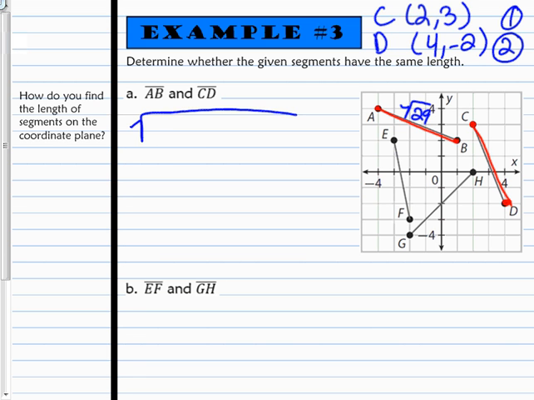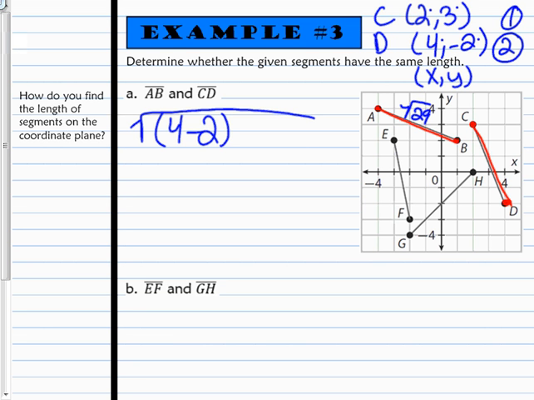So the distance formula, the square root of x2, which is 4, minus x1, which is 2. Hopefully you're seeing where I'm getting this from. In a set of ordered pairs, it's x, comma, y. So 2 and 4 are my x's, and 3 and 2 are my y's.